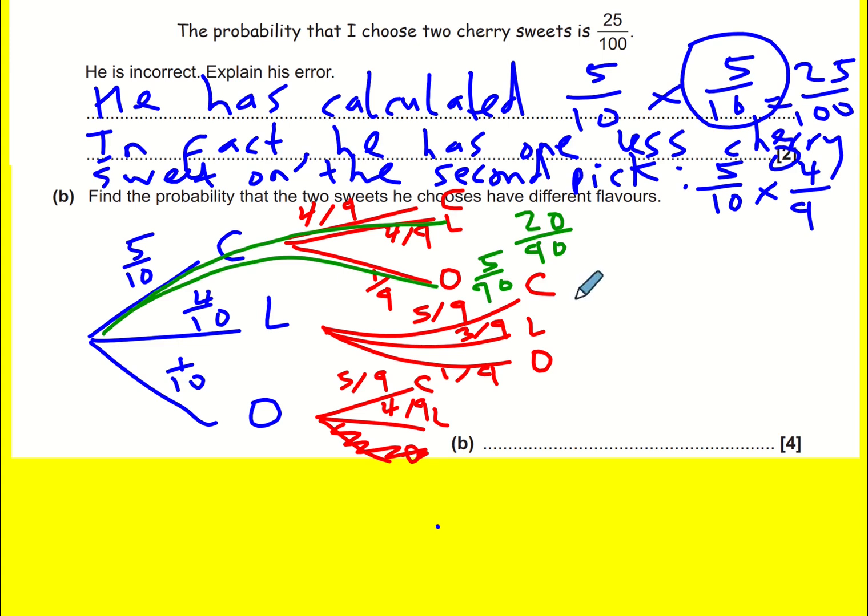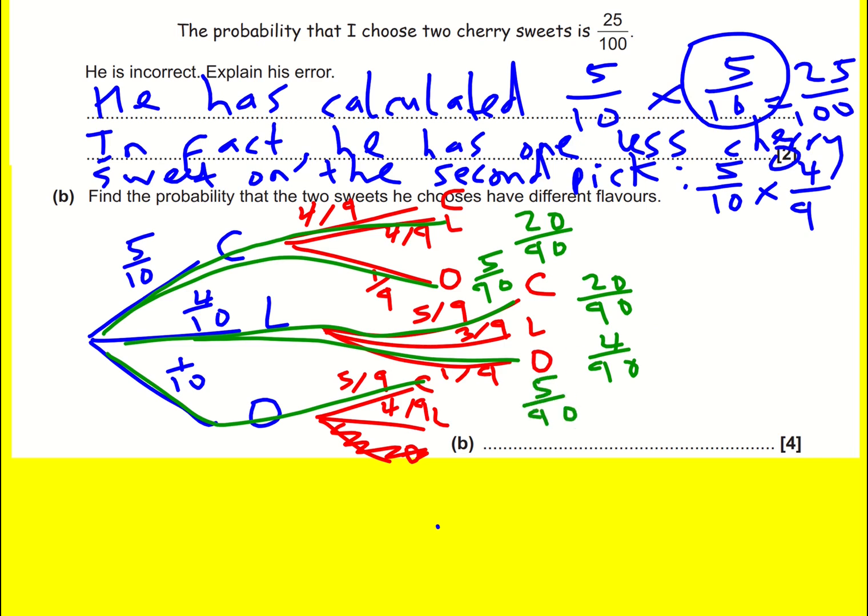Lemon and cherry I'm interested in because that's 2 different flavours. That's going to be 20 over 90 again. Lemon and lemon not interested in, but lemon and orange I am. That will be 4 over 90. And then if I pick orange, I can either get orange and cherry, that's 5 over 90, or orange and lemon, which would be 4 over 90.